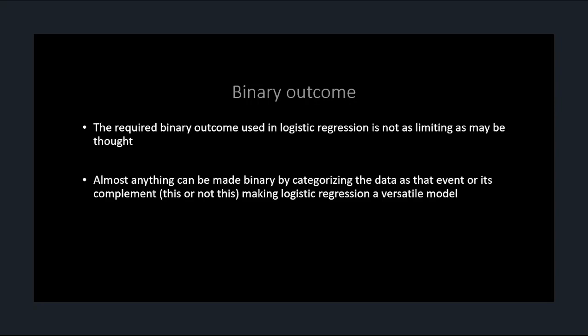In other words, you can take something that's categorical and has multiple outcomes and very easily make it binary, which is why in stats, there's also something called the binomial distribution. That's totally separate from this. But with logistic regression and things that use binary outcomes, it's easy to create a binary outcome because you just take whatever you're looking at and you say this or not this. So logistic regression becomes a lot more versatile than you would initially think.